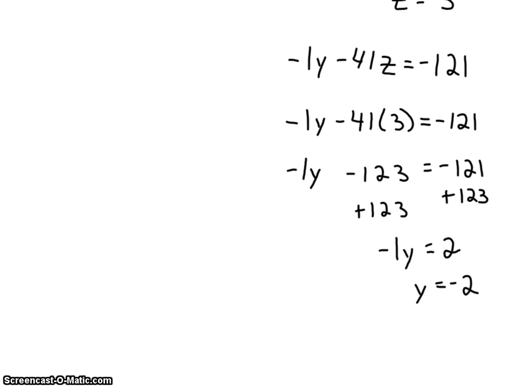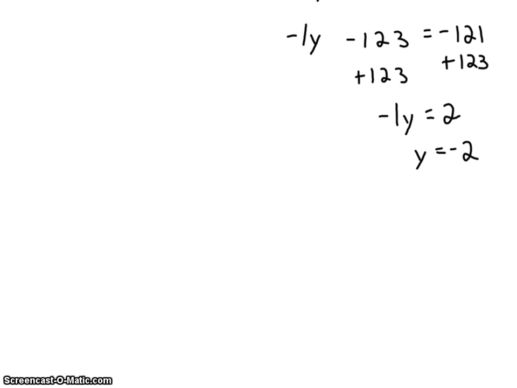Now I know what z and y are. So I'm going to take that very first equation that I used both times, which is the 2x plus 3y plus 7z equals 13, and I'll substitute my known value for z and my known value for y in order to solve for x. At this point, you could actually use any of those equations up top.